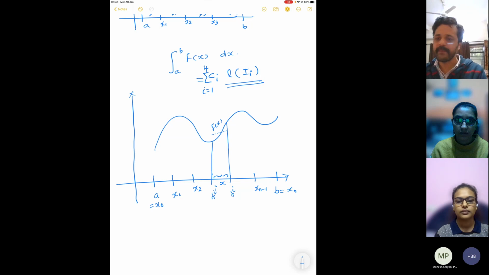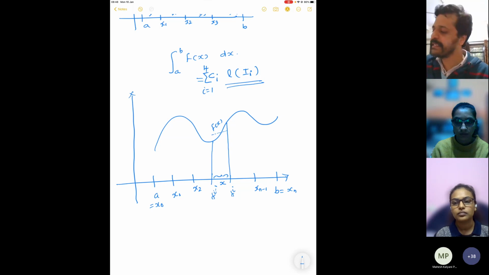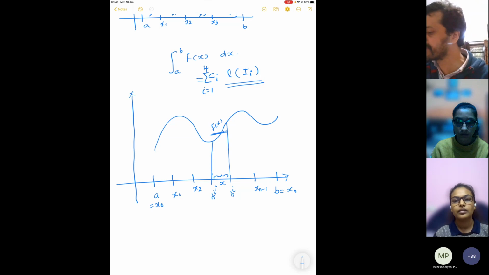Yes or no? I am not talking in a formal language, which we will do soon, but this is the underlying principle. Divide into subintervals, and in each subinterval you don't consider the function to be varying. You consider that the function is a constant, so that you will have a step function.